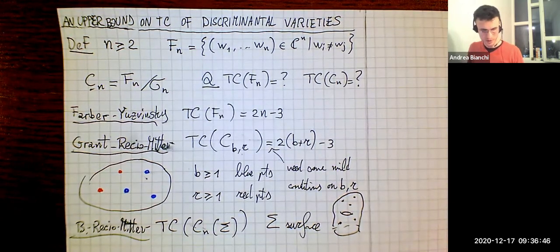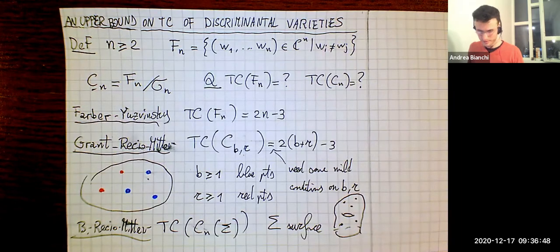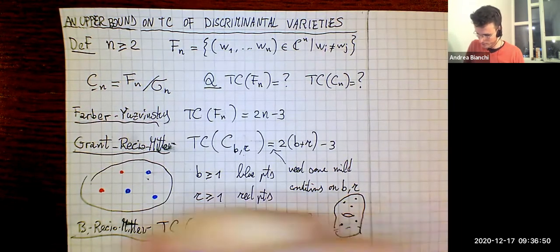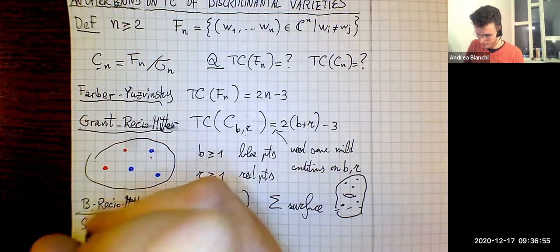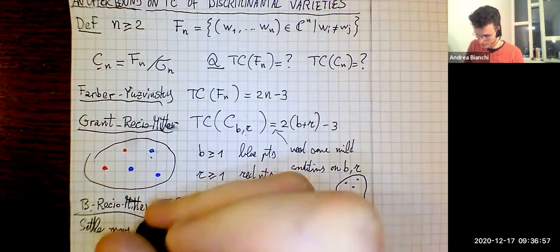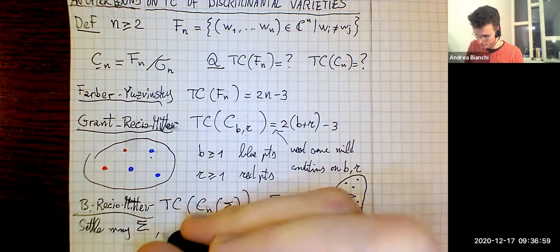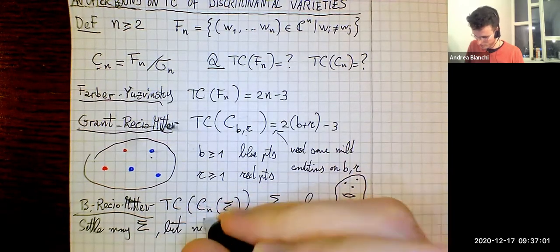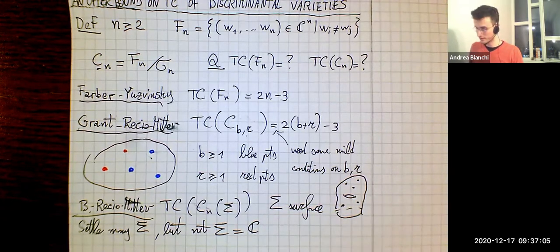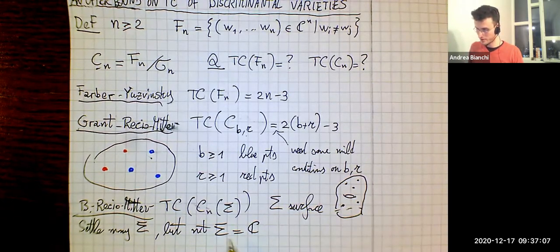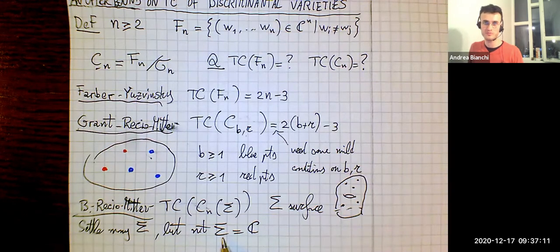And again, we obtain some results for many surfaces, but not Sigma equal to the plane. And the reason is that in our method, we use that the surface has non-trivial first homology. This is an important ingredient in our argument.